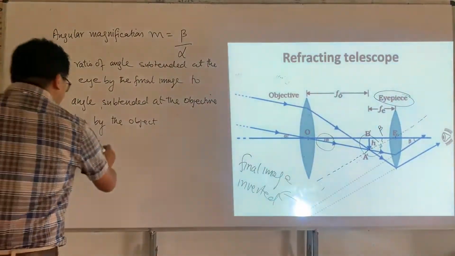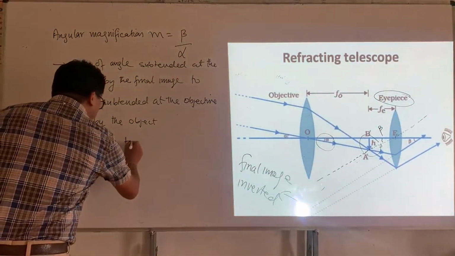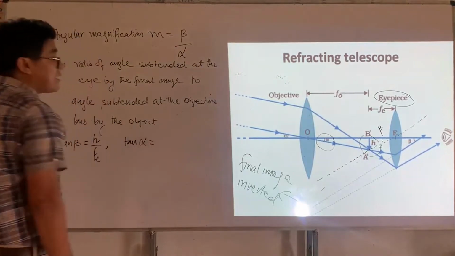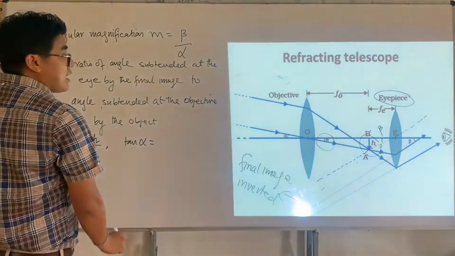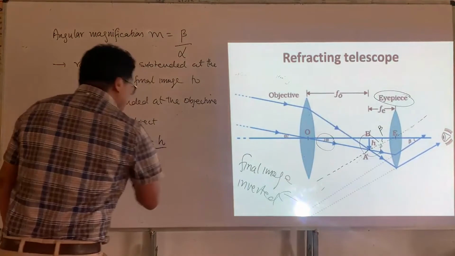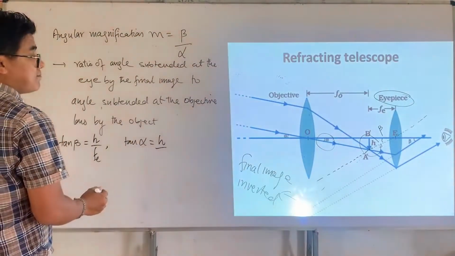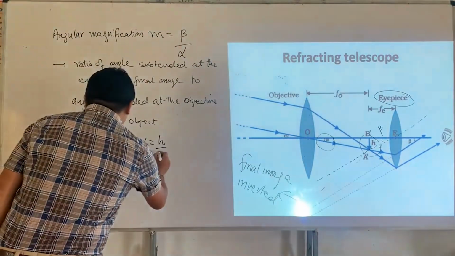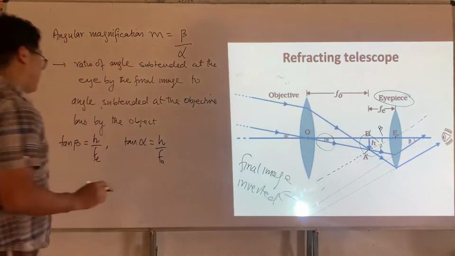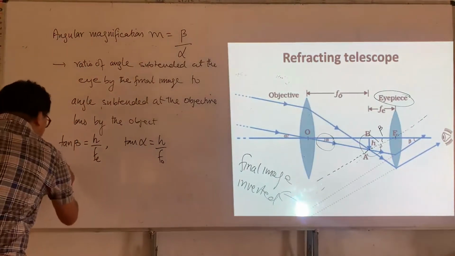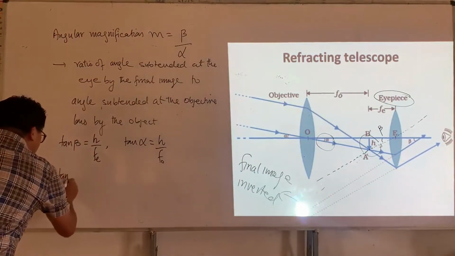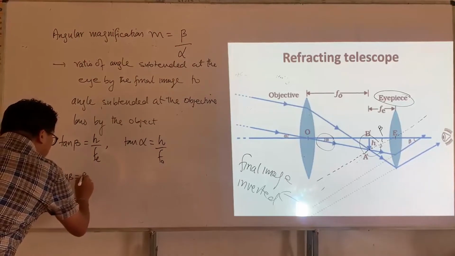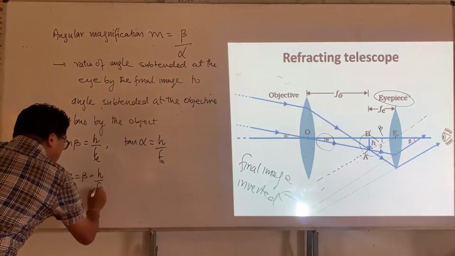Alright, and then what about tan alpha? Tan alpha is equal to how much? h divided by f naught. Alright, so since beta is small, tan beta is equal to beta, which is equal to h divided by fe.